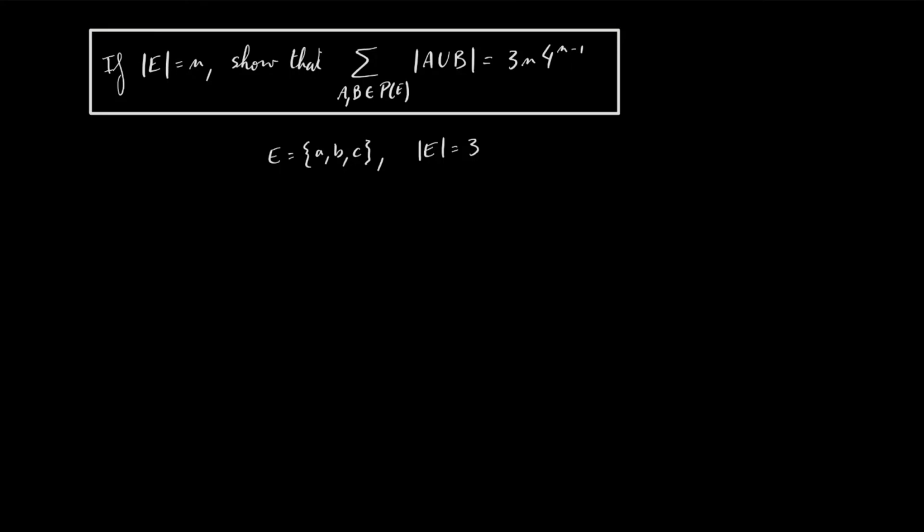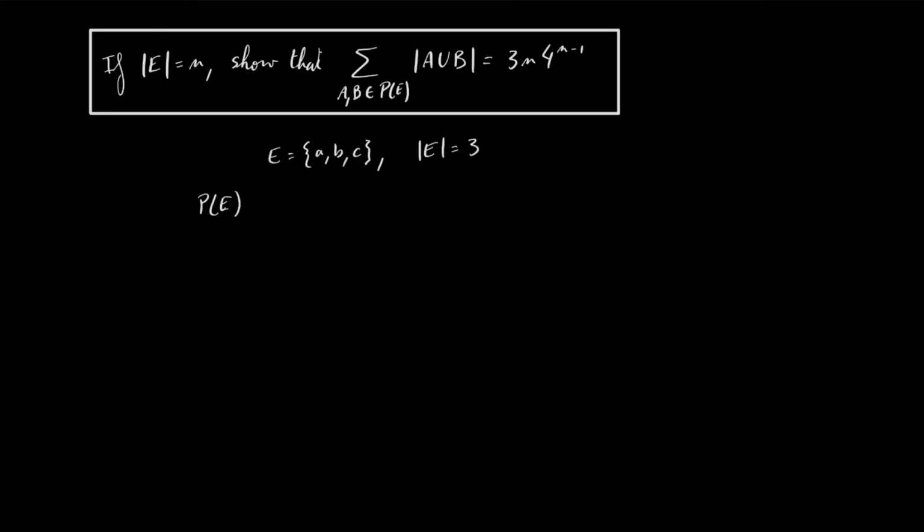Now, another fact that is well known in set theory and combinatorial mathematics is the cardinality of the power set. What we call the power set P of E is simply the set of different subsets that E can contain.